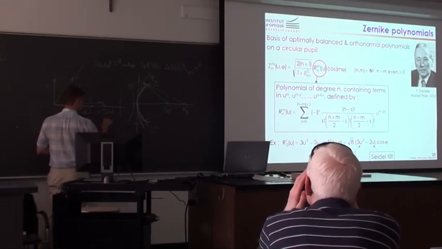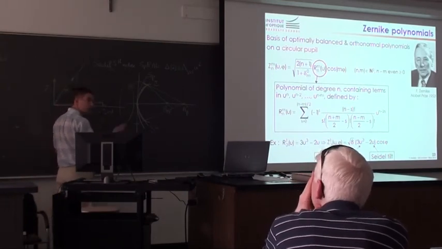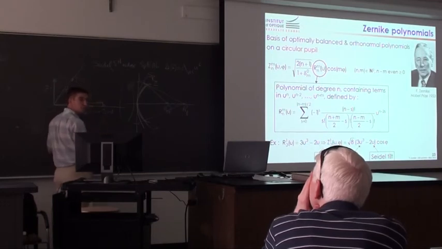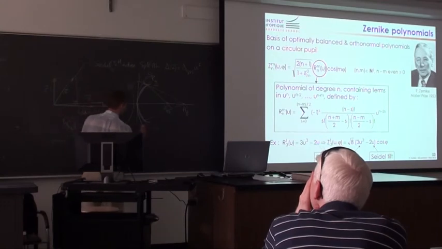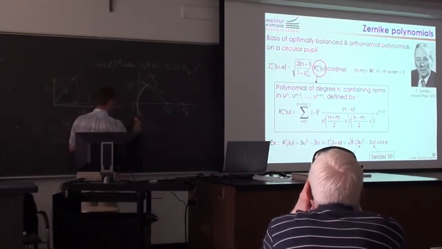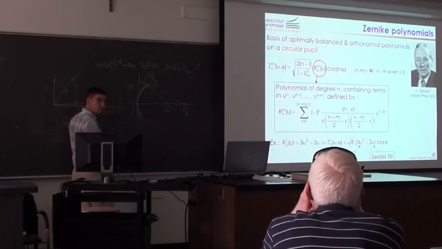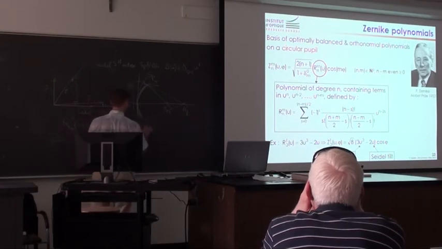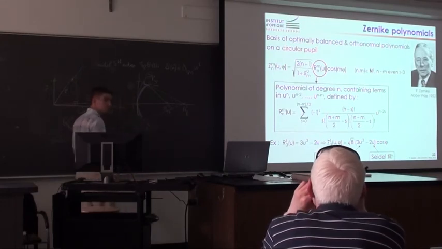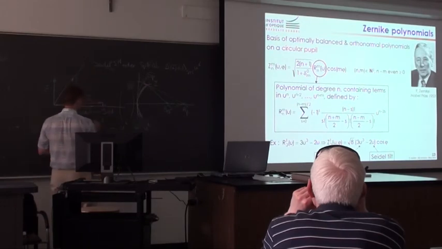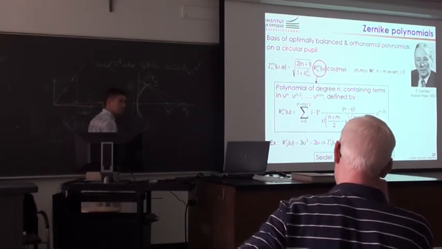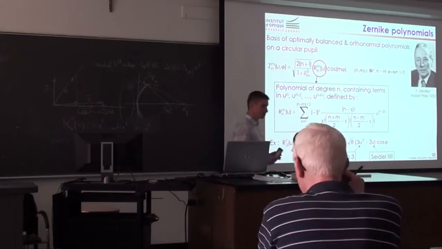It is a combination of U6. I have to subtract a little bit of spherical aberration of the third order. I have to add a little bit of defocus. And well then. Okay.